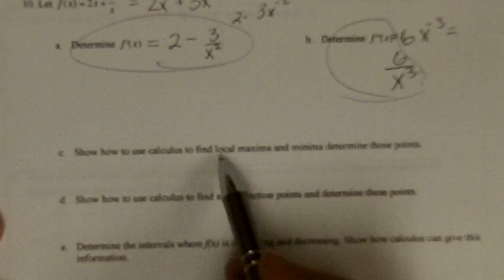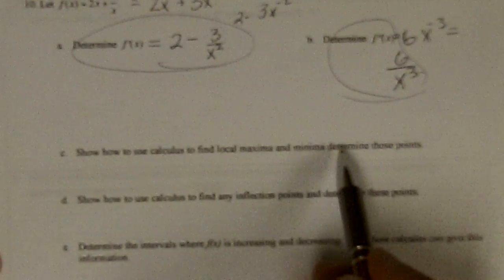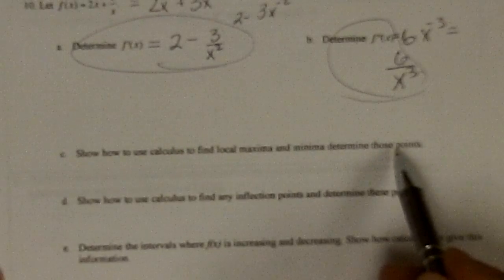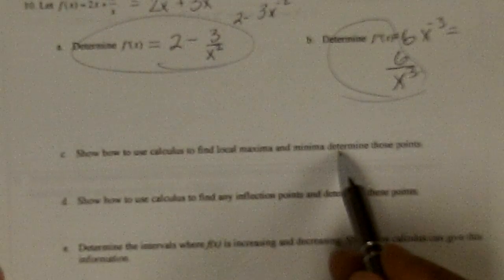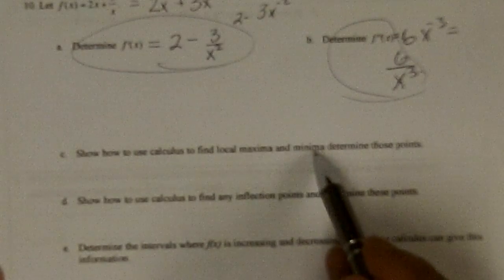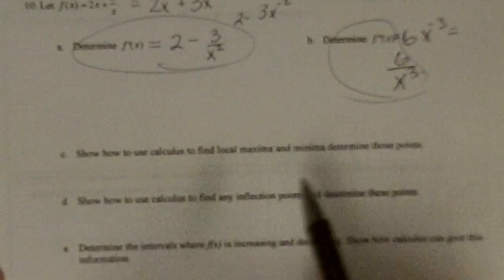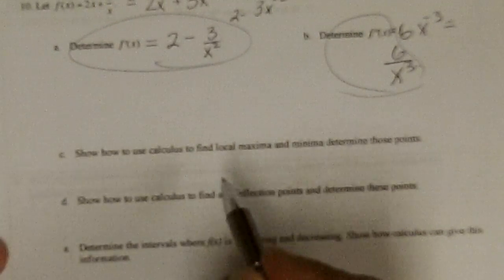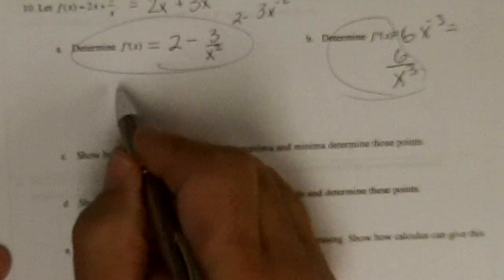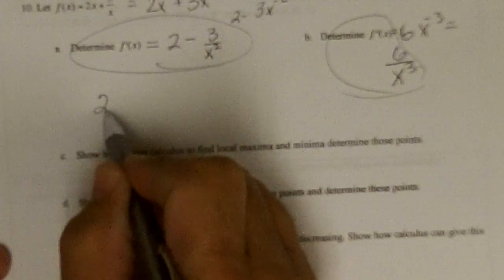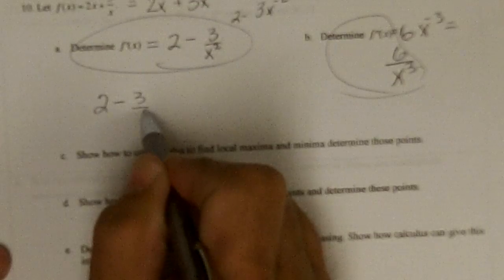Show how to use calculus to find the local maximum and minimum, and determine these points. Okay, so we set the first derivative equal to 0 to find max or minimum.